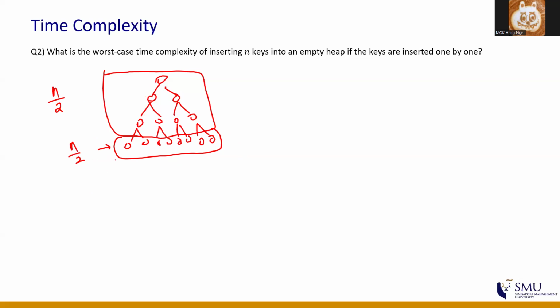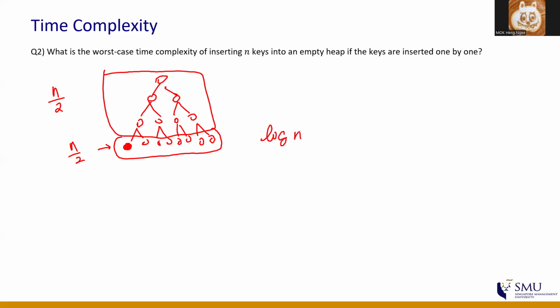So to insert an element here, you may have to perform how many swaps? H swaps, because you are doing this upheap thing, right? So in the worst case, to insert an element on the last level, you have to perform h swaps, or log n swaps.